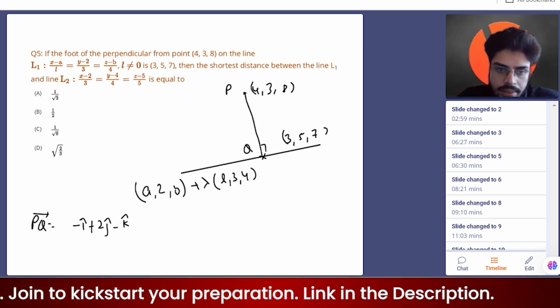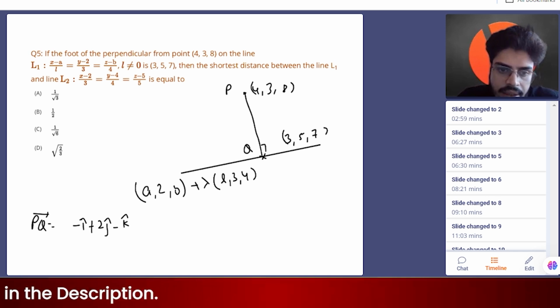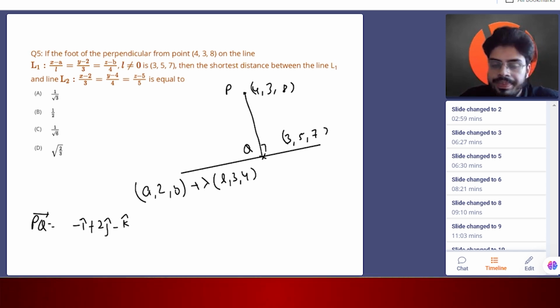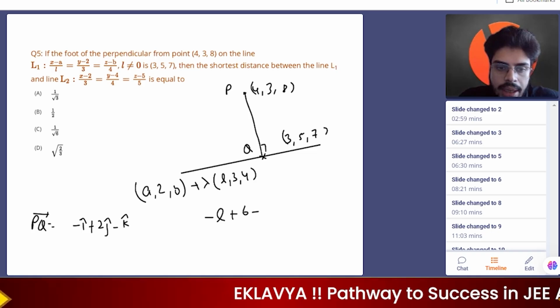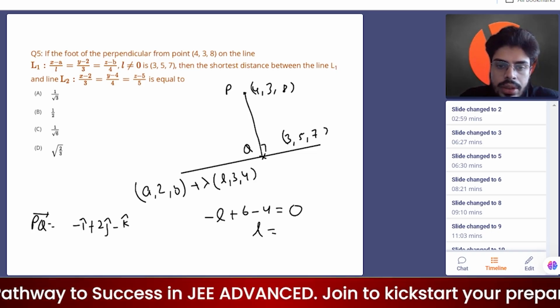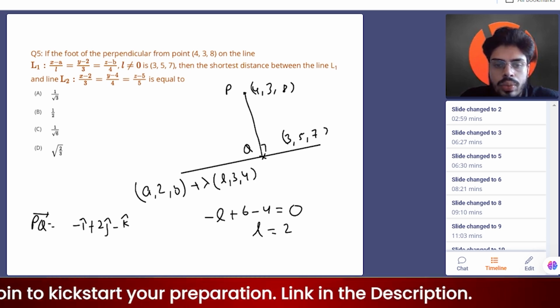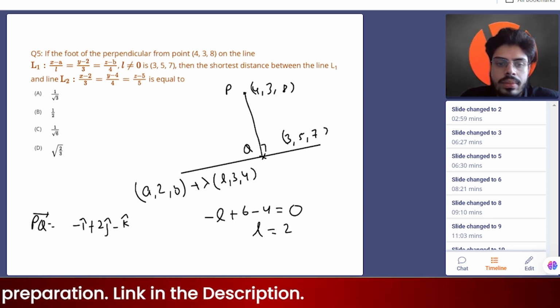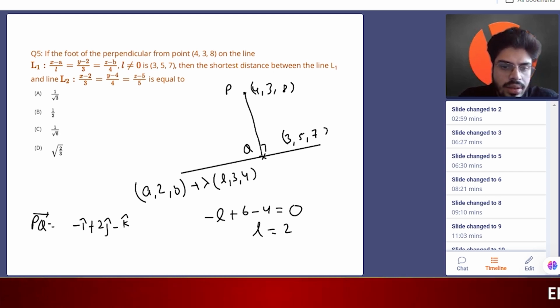So this PQ vector will be perpendicular to the direction ratios L, 3 and 4. So the dot product will be 0. So I will get minus L plus 6 minus 4 equal to 0. So I will get L equal to 2.